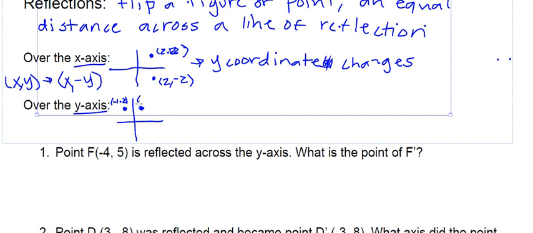Well, now its x coordinate isn't negative anymore because it used to be 1 unit to the left of the y-axis, but now it's 1 unit to the right of the y-axis. So it's +1, but my y coordinate hasn't changed. It's still on that same horizontal line. So that's +1, 2. So what happens when you reflect over the y-axis is the x coordinate changes.